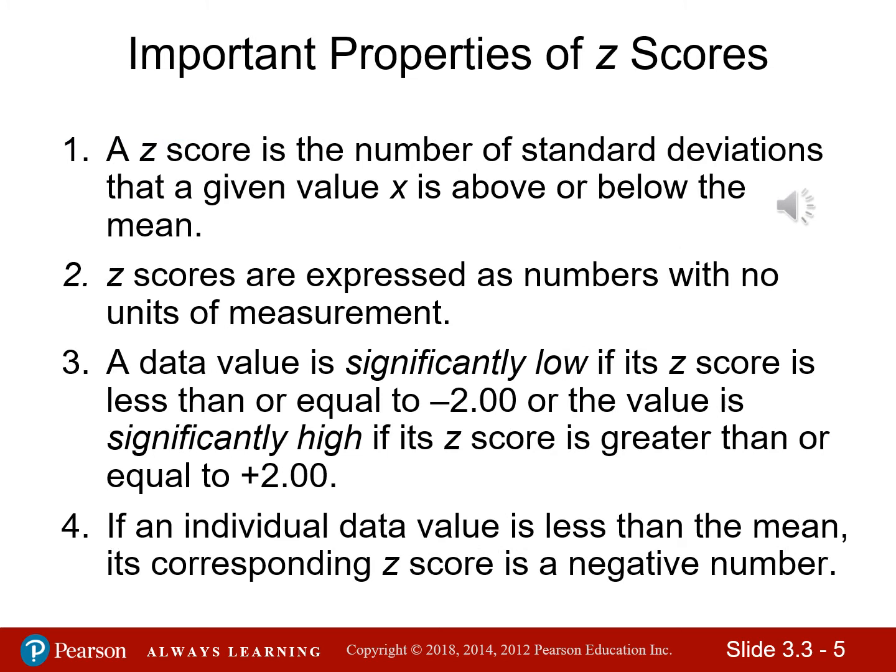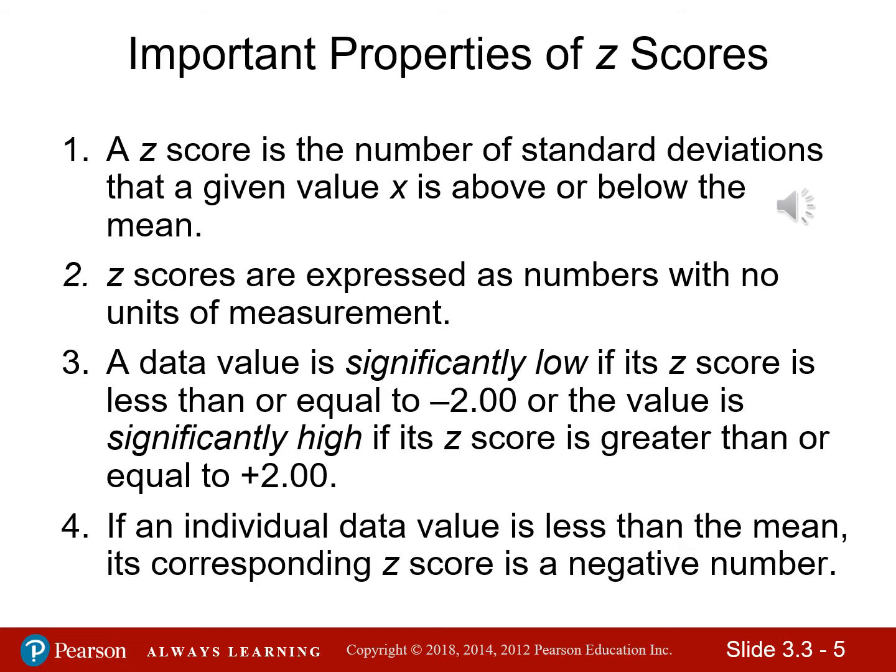Let's review some important properties of a z-score. A z-score is the number of standard deviations that a given value of x is above a mean or below a mean. The z-scores are expressed as numbers with no unit of measurement. A data value is significantly low if its z-score is less than or equal to -2.